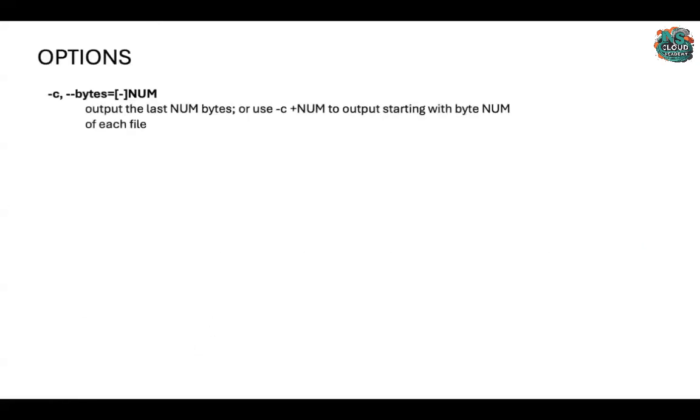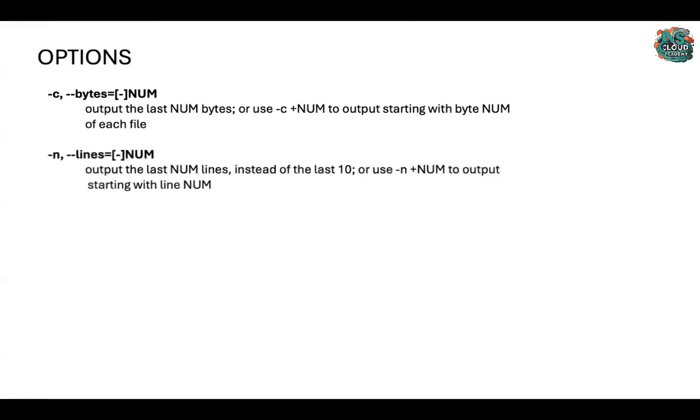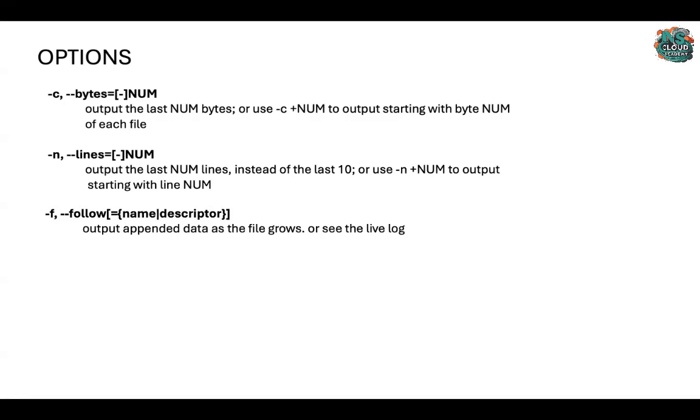Some extra options are there, so we'll understand them. The first thing, -c. -c means output the last number of bytes, so you use -c with a number, which means you can count it. -n, just like before, lets you define the number of lines you want to see. -f or --follow is the most important option which you have to remember, so that you can do troubleshooting or see a live log.